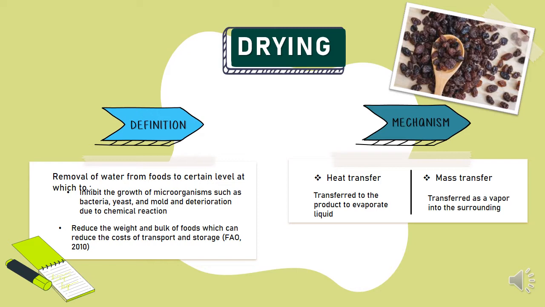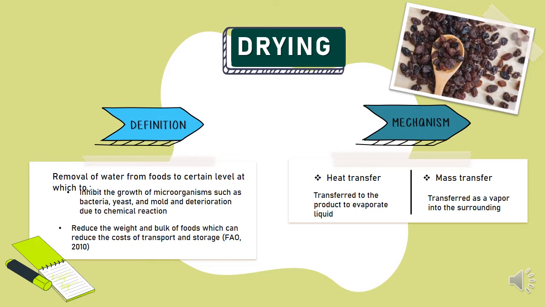Drying also will reduce the weight and bulk of the food, which can reduce the cost of transport and storage. The reason is, after the drying process, most of the water content or moisture content is removed. So the product will shrink and become smaller than its original size.